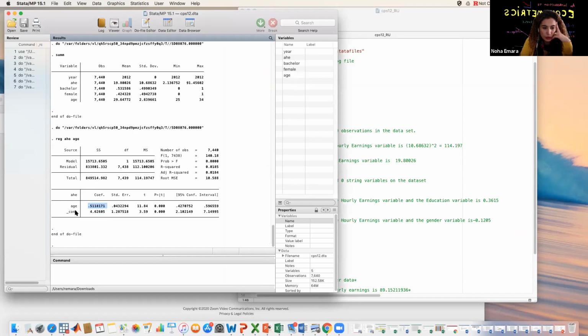If I want to read this output, I'm going to say that for each additional year of age, average hourly earning increases by approximately $0.512 an hour. Whenever you're trying to analyze the effect of one variable over the dependent variable, you have to make sure that you know the unit of measurement of the variables, right?